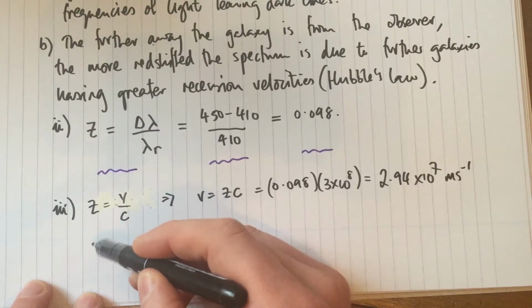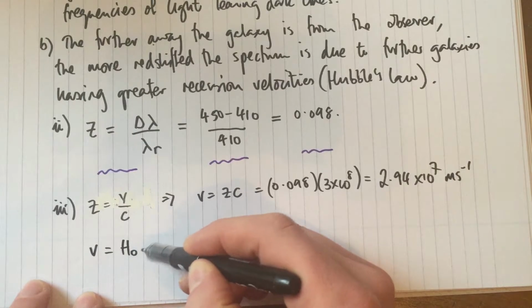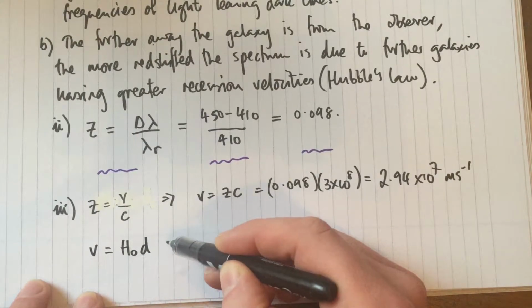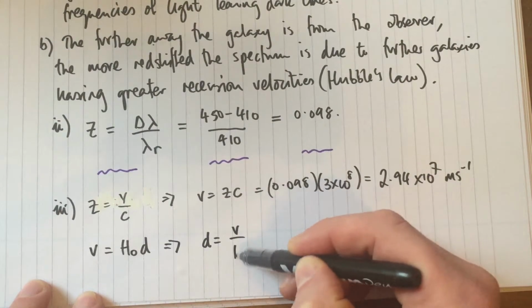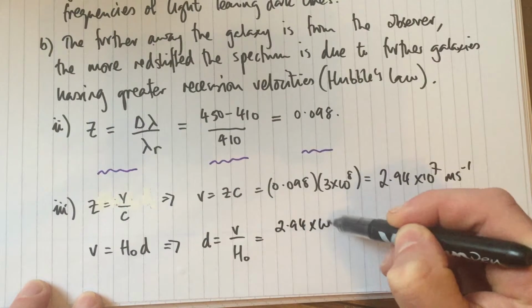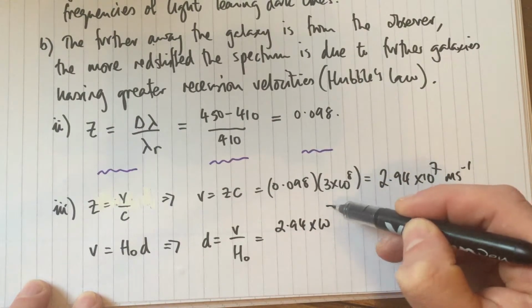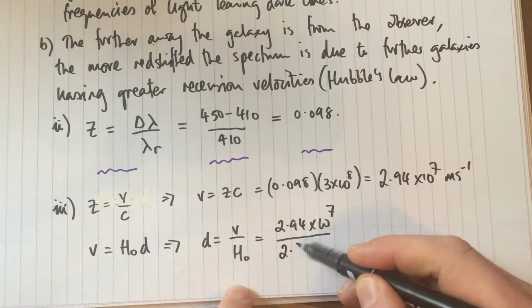And then if we use Hubble's law, we can get the approximate distance to the galaxy. Hubble's law compares recession velocity to the distance to the galaxy, and we can rearrange that so we have distance is equal to the velocity divided by Hubble's constant, which is equal to 2.94 times 10 to the 7 divided by 10 to the negative 18.